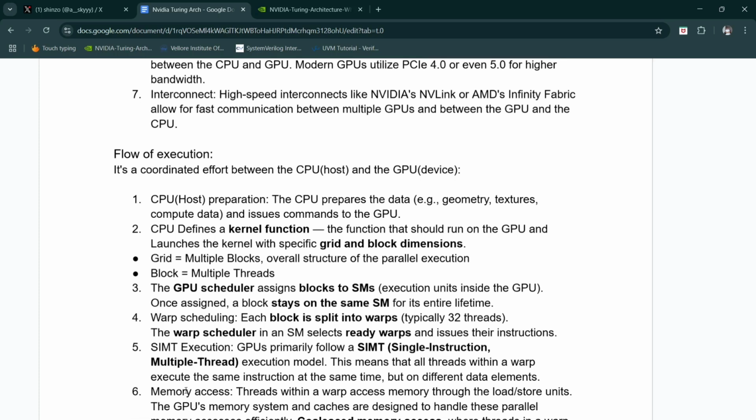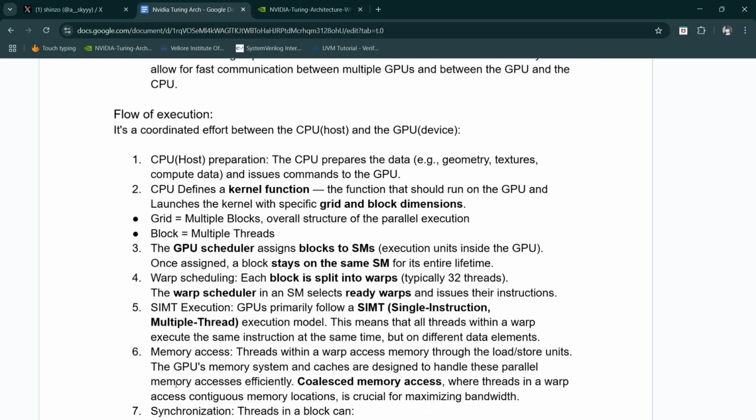The GPU scheduler assigns blocks to SMs. Now warp scheduling. What is warp scheduling? The block is assigned to a streaming multiprocessor, and then this block is split into warps. One warp typically has 32 threads. So the warp scheduler selects the threads which are ready to execute.